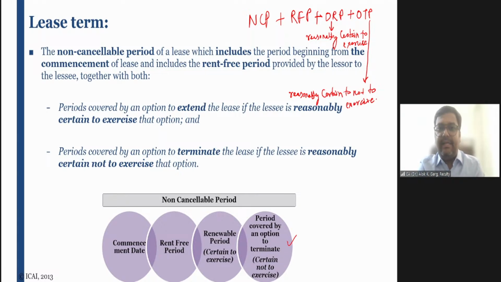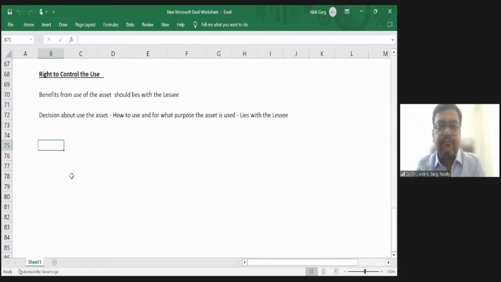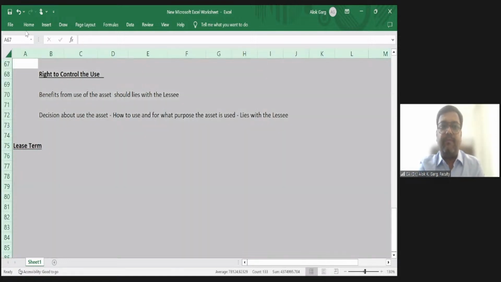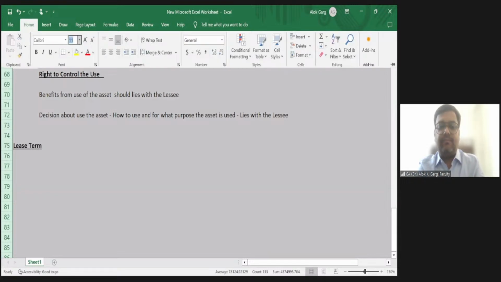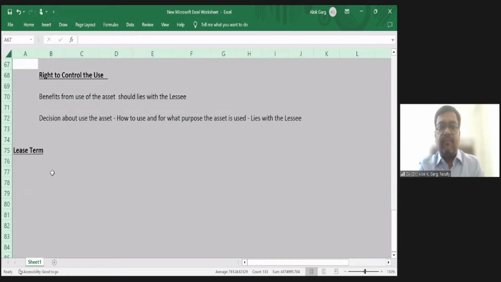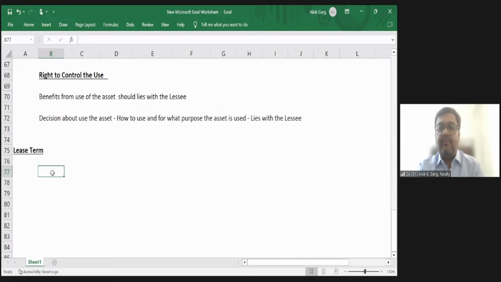So to explain this, let me take you to the Excel file, and please confirm if my Excel file is visible. We are discussing the concept of lease term. What is meant by lease term? To explain it, let me give you an example.